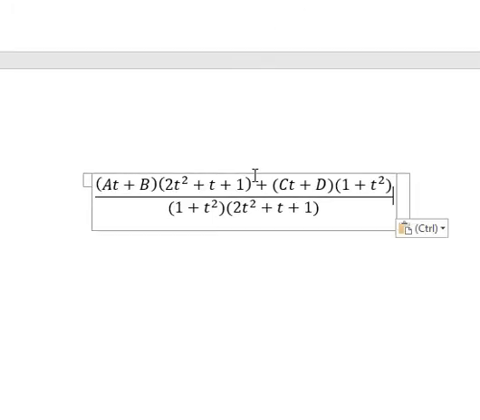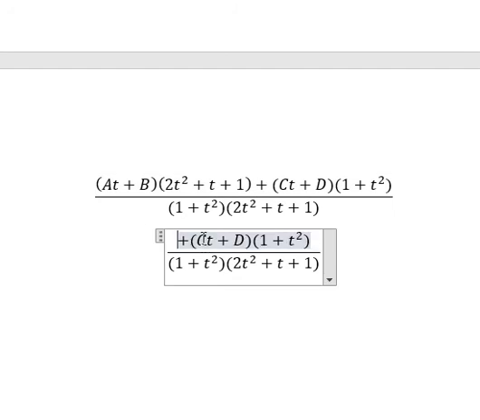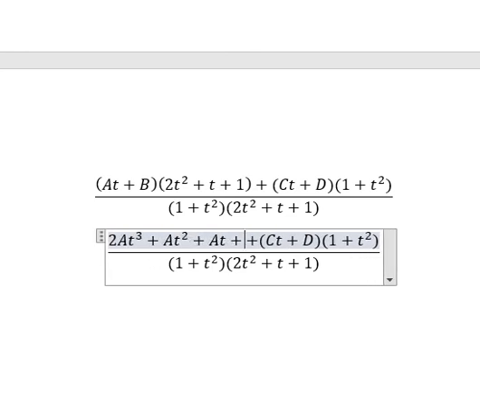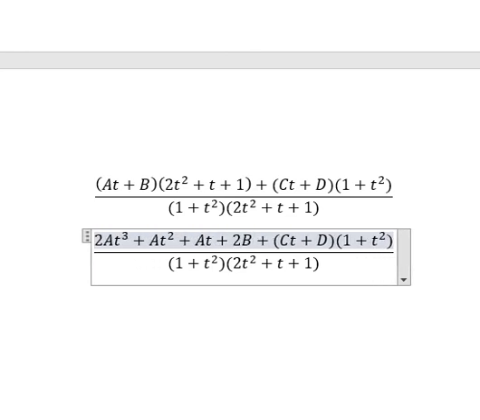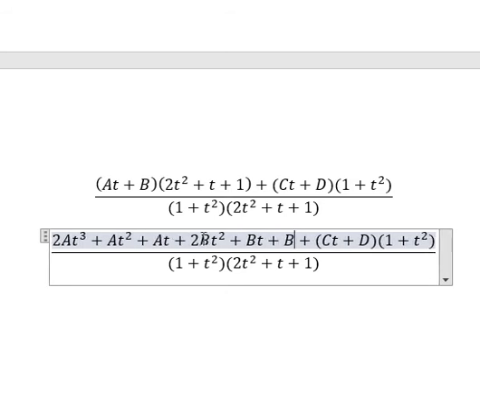So we need to expand everything in here. And we get 2at to the power of 3 plus at squared plus at, and we have 2bt squared plus bt plus b.